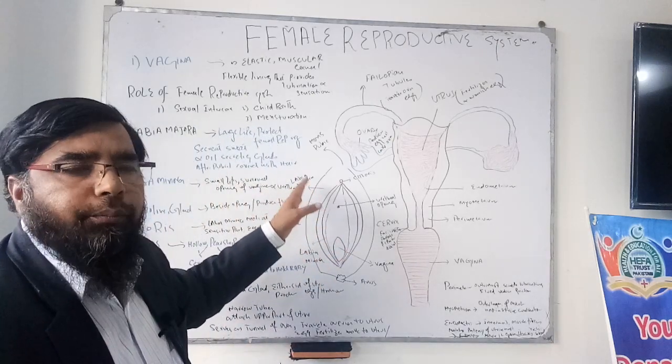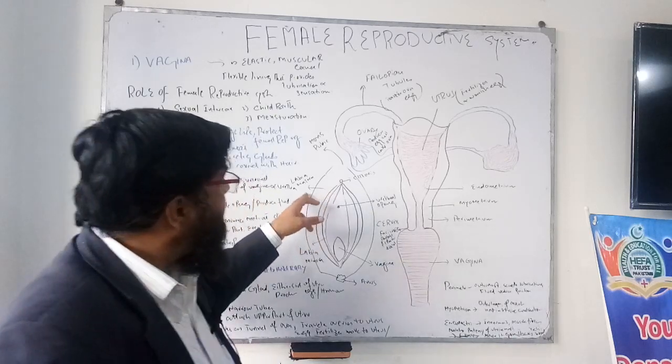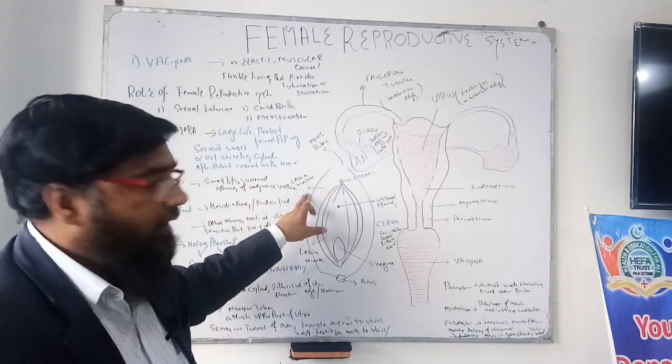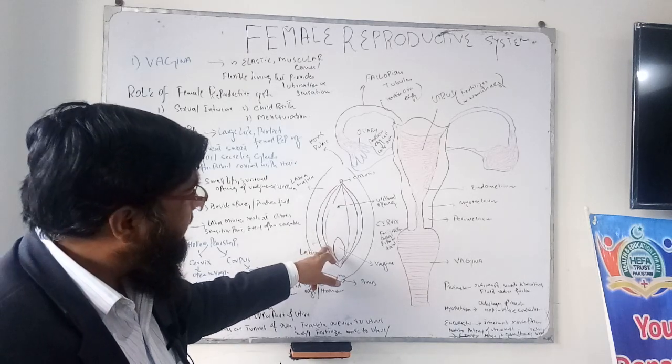The outer major lip of the vagina is called labia majora. The inner lip of the vagina is called labia minora.